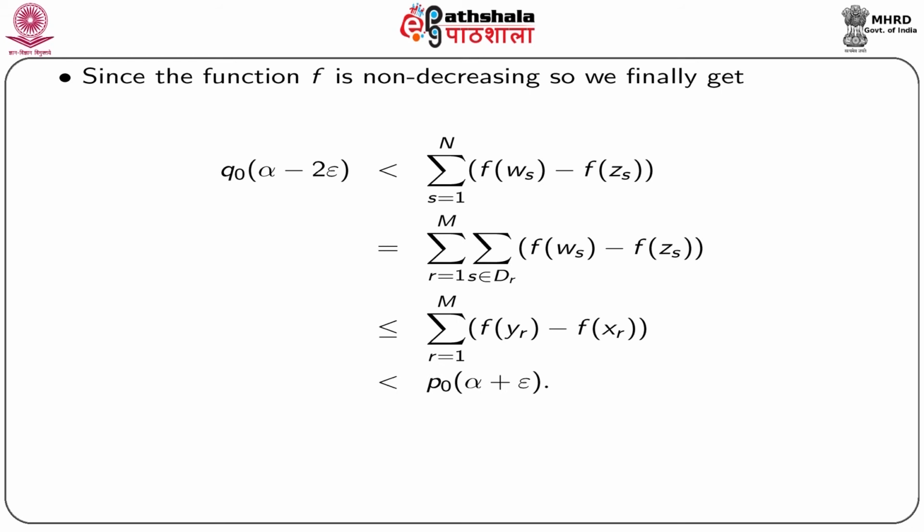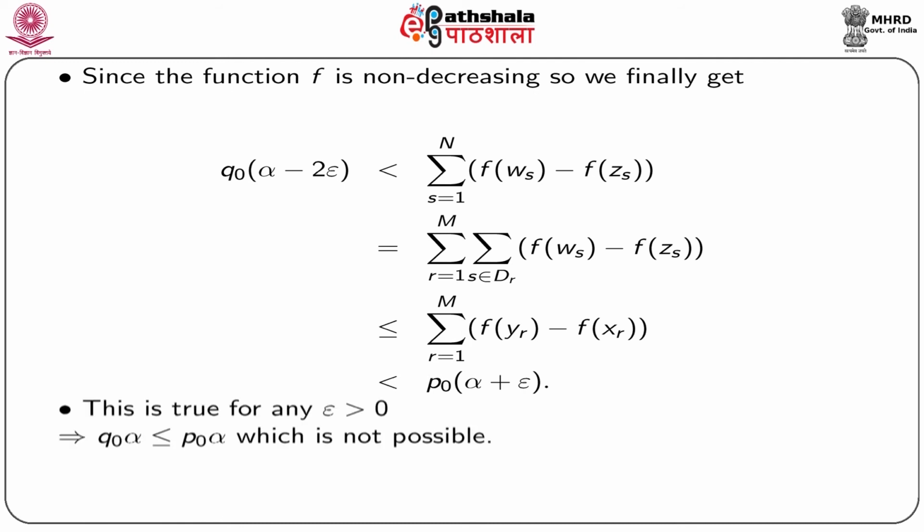Now, observe that we have got this particular relation, that q_0 (α − 2ε) is less than p_0 (α + ε).